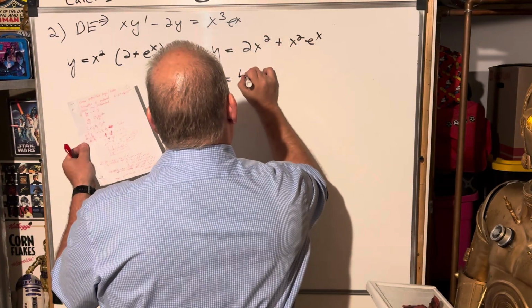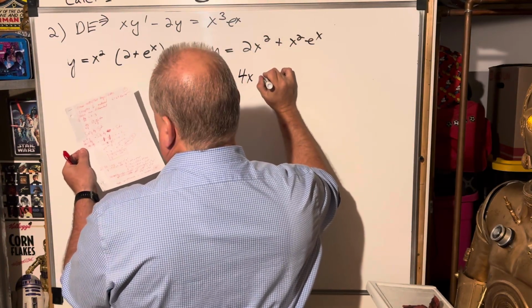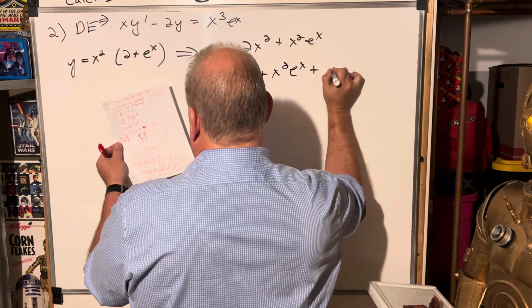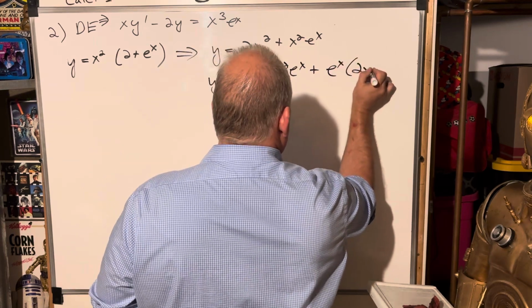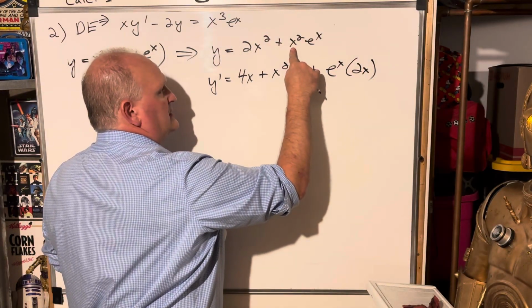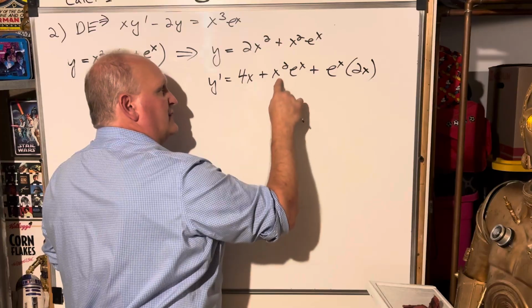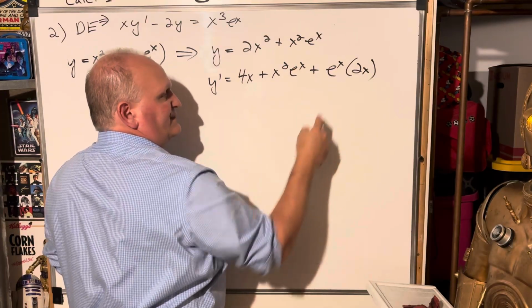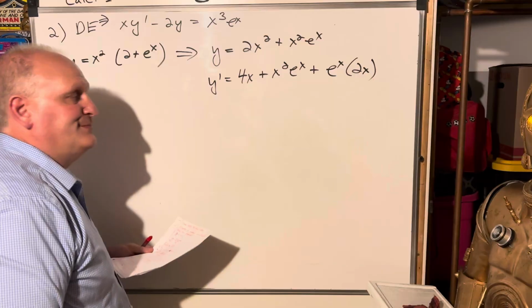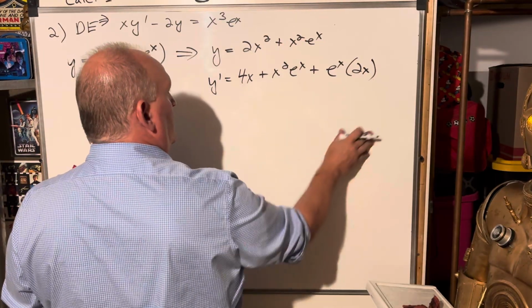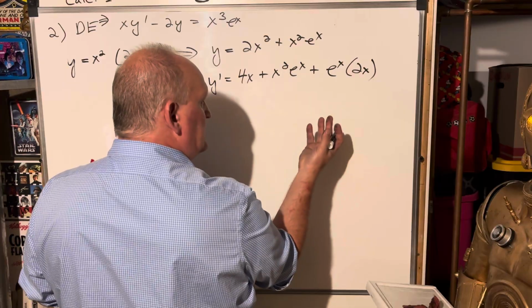That's going to be 4x plus x squared e to the x plus e to the x times 2x. So remember, derivative of the first times the second, plus derivative of the second times the first. Okay, a little product rule there. So you don't get to forget anything like that.